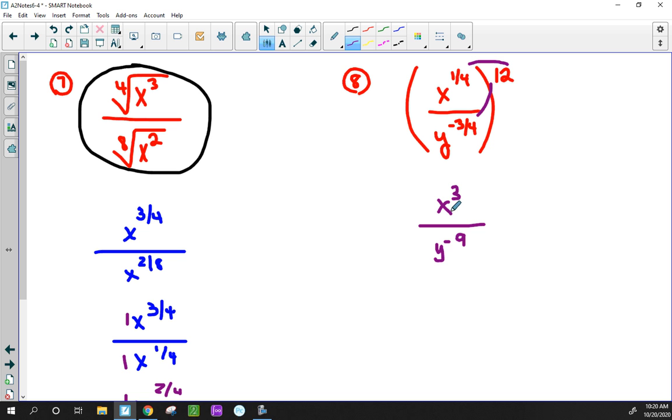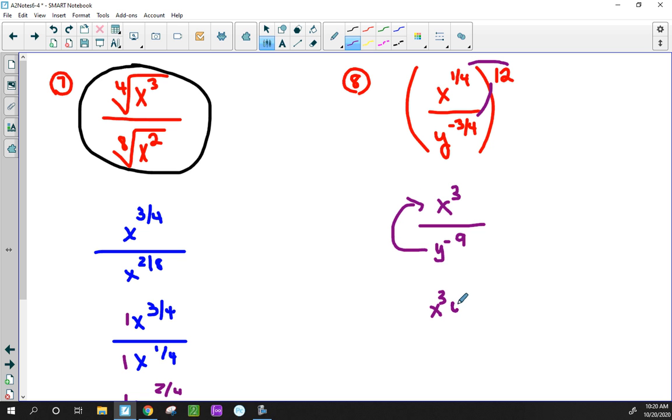Okay. Again, my variables are different, so I can't subtract these numbers. This is not simplified though because there's a negative exponent, so I'm going to bring down my x to the third, and I am going to change the position and move the y term to the top.